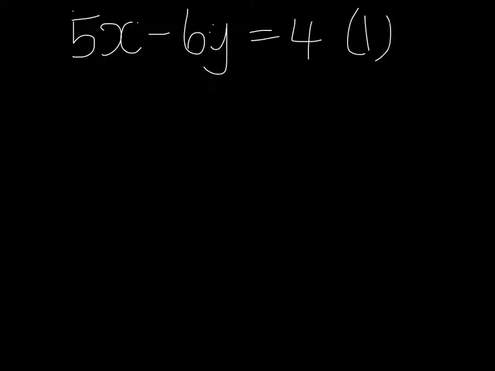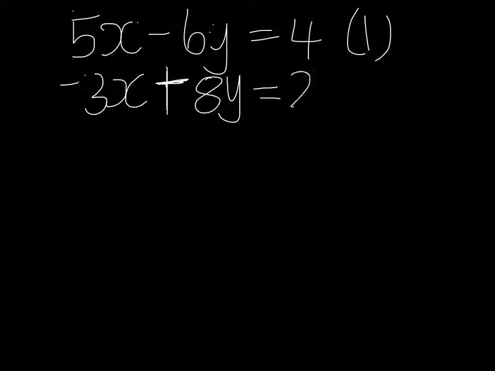And as always, we label with the equation number, so that's equation 1. And we're going to have minus 3x plus 8y equals 2. And that's going to be equation 2.